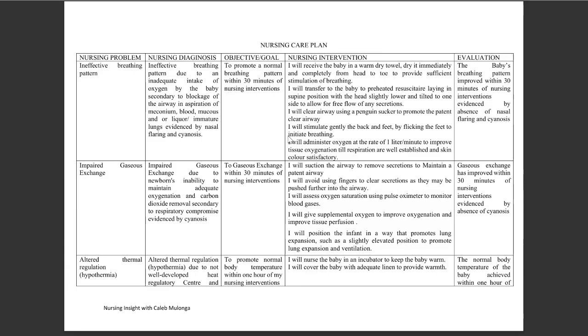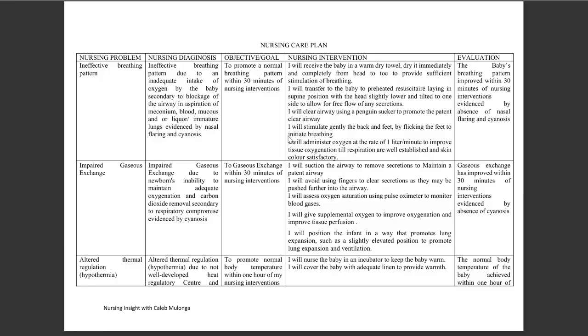Our third problem is altered thermoregulation, which is hypothermia. So you find that because this child is not able to facilitate breathing, and something that we have to also consider is that sometimes in some scenarios, this infant will be a premature, which means that the regulatory center in the body, the heat regulatory center, and the tissue, the fats, have not been fully developed. Therefore, they will have hypothermia.